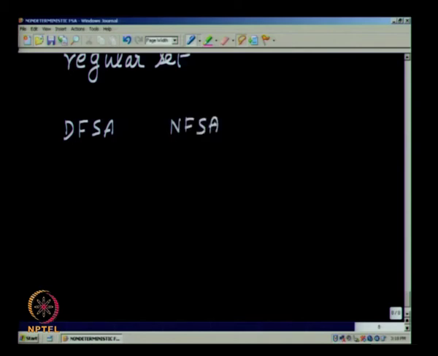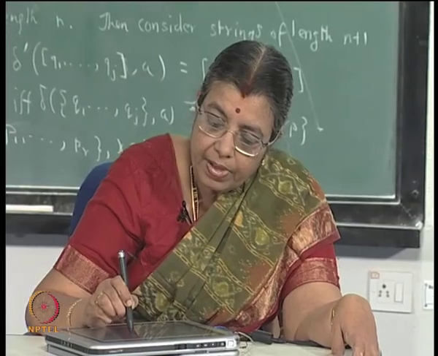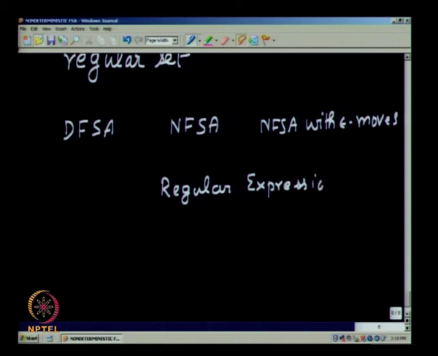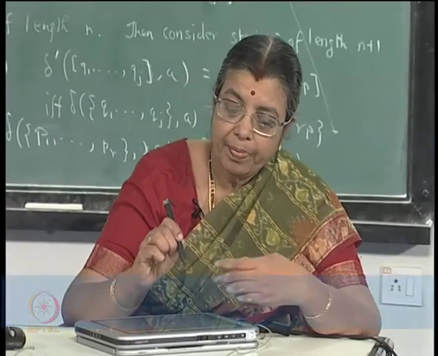We will also consider one more thing called NFSA with epsilon moves. Even in this case the power will not be increased, it will accept only regular sets. And we will also define what is called a regular expression. All these are equivalent, none of them have more power or less power.